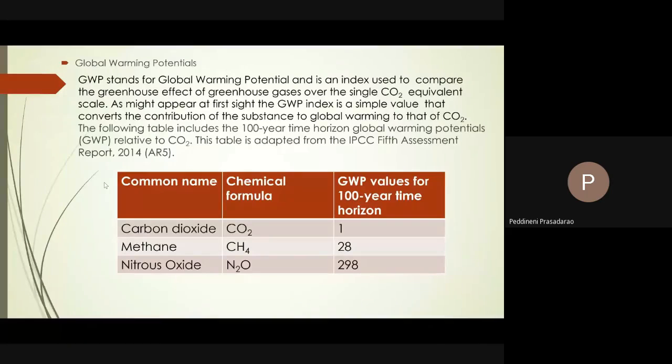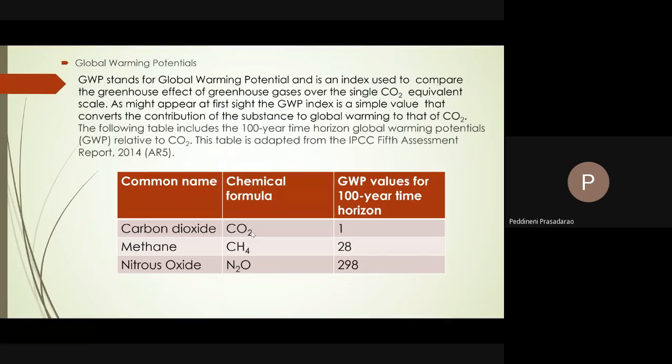But depending upon their global warming potentials, they cause this global warming. Carbon dioxide is considered the base point, with a GWP of 1, and the GWP of other molecules is measured in terms of carbon dioxide.